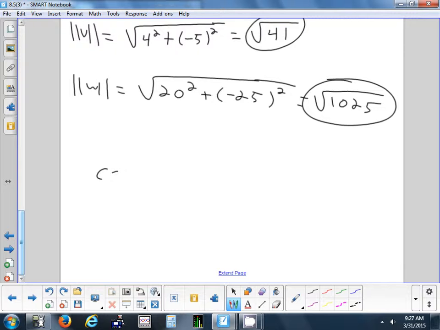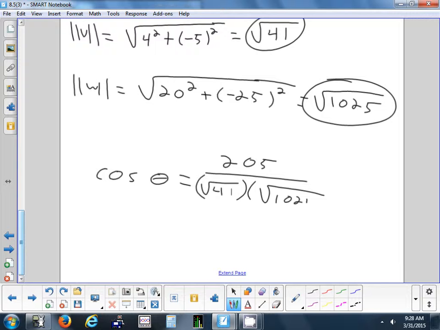All right. So we've got the dot product over the product of the magnitudes. Okay, let's see what the denominator comes out to. If they're parallel, what are we hoping it comes out to? 205 or negative 205.